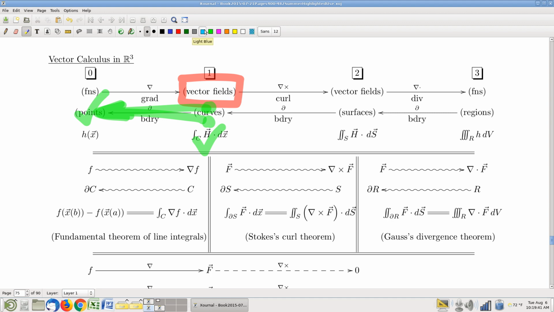Then we observed that the vector fields which are path independent are exactly those vector fields that are gradients of something. And then we observed that vector fields which are path independent, namely vector fields which are gradients, are also vector fields whose curl is 0.